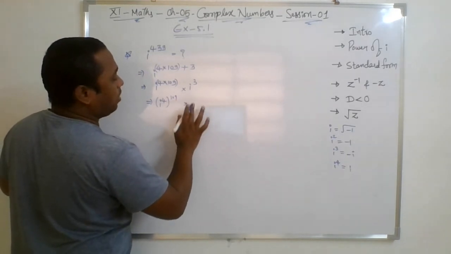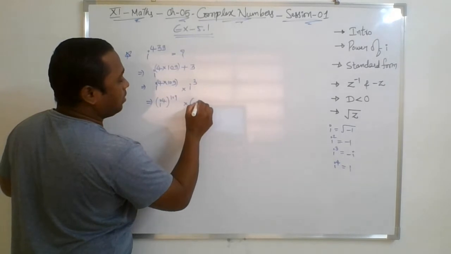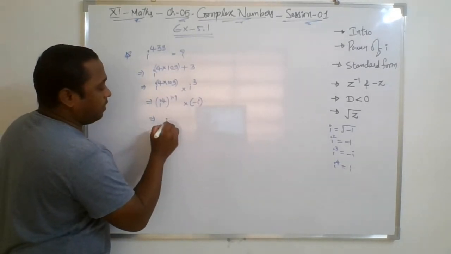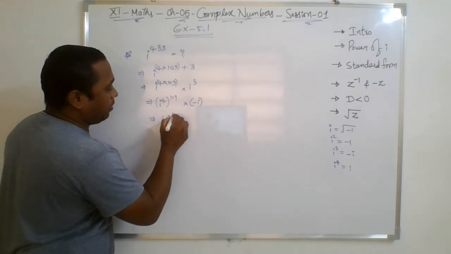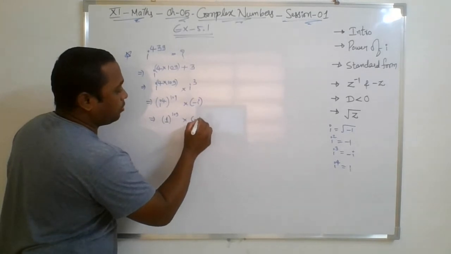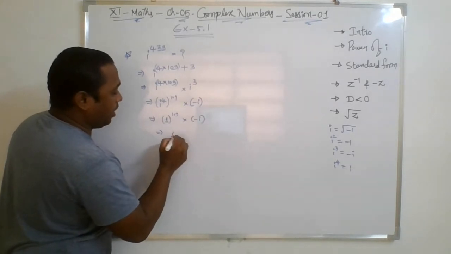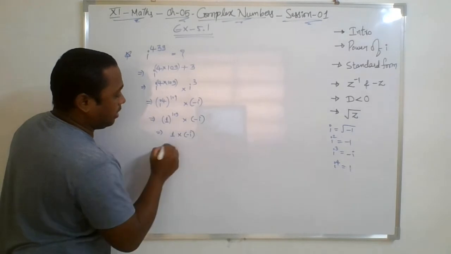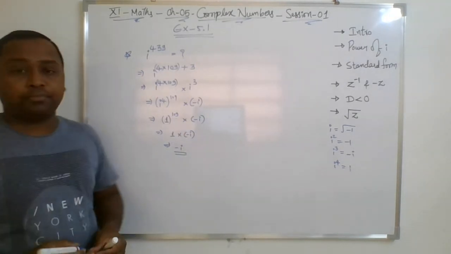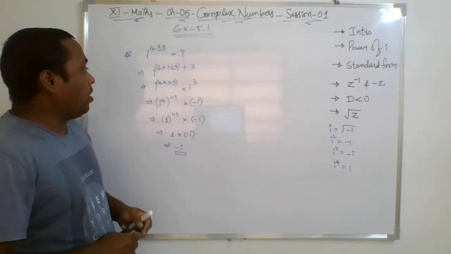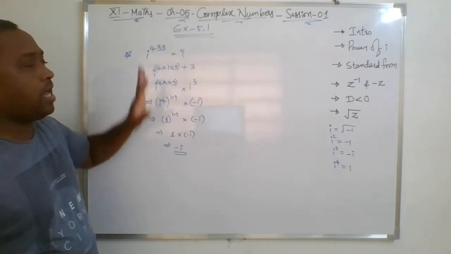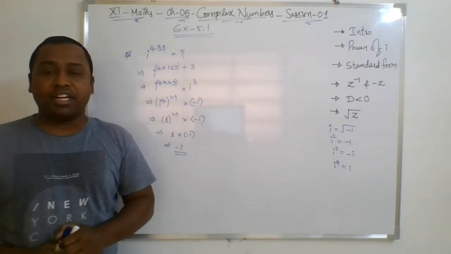The value of i cube is minus i, and i power 4 value is 1, so 1 power 109 is 1 only, into minus i. So 1 into minus i is minus i. That's it. This is the process of solving the power of i whenever it is a bigger integer.